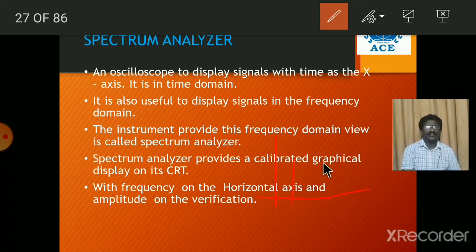So like this. That means the amplitude will be expressed with the help of amplitude and frequency levels.